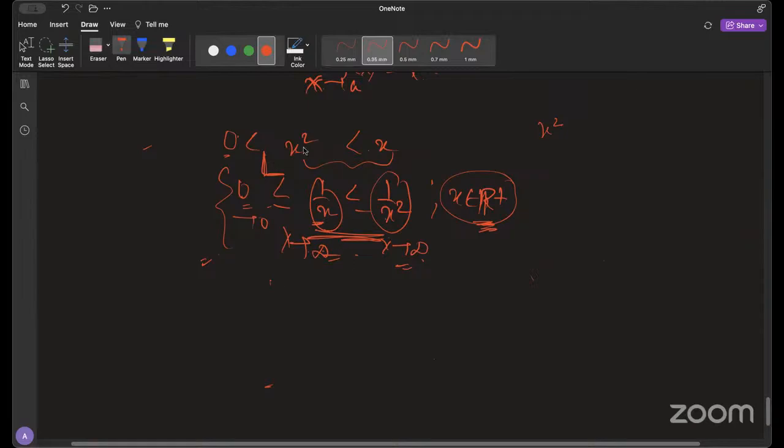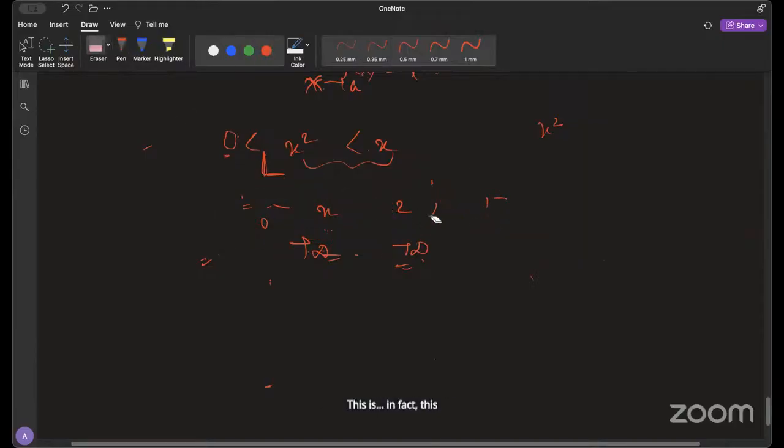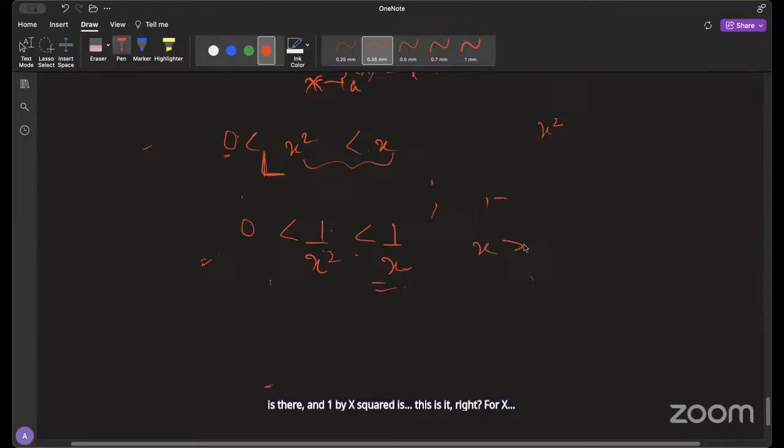So if you take this thing, in fact, this doesn't hold then. If you're taking the limit to infinity, then your 1 by x is here and 1 by x square is here, for x greater than 1. This is true for x greater than 1.